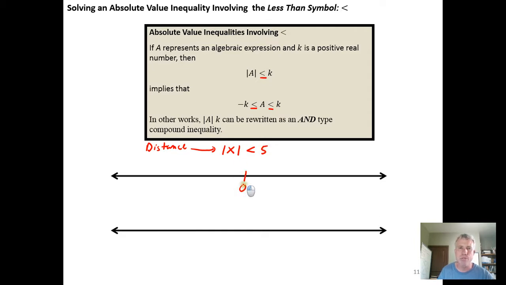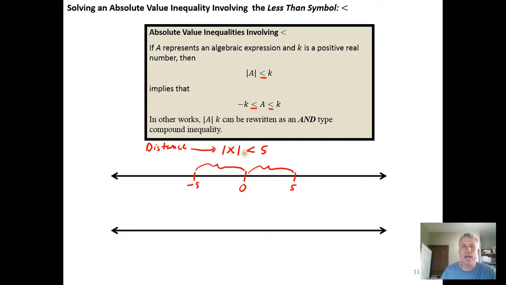So if I think about 0 on a real number line and a bounding number of 5, to be less than 5 units away from 0, I'm going to need to live somewhere in here. But if I go over to -5, I also know that anything between -5 and 0 is going to be less than 5 units from 0 as well.